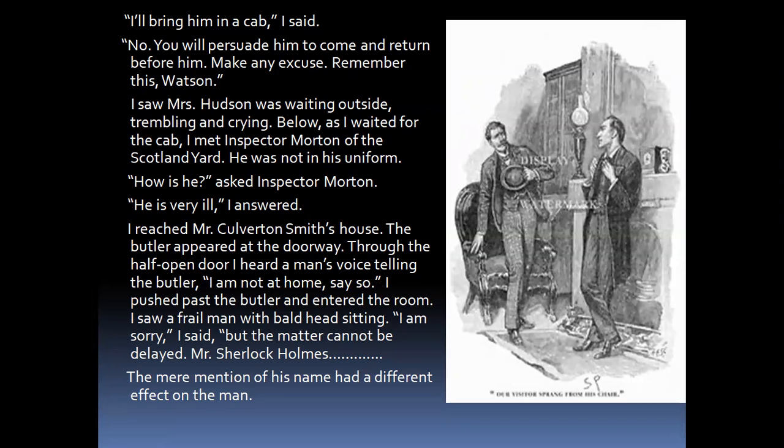Understood? No, you will persuade him to come and return before him. Make an excuse. Remember this, Watson. So now what is Sherlock Holmes telling? No, you go and make him come here, but you have to start from there before Culvert and Smith come out of the house.